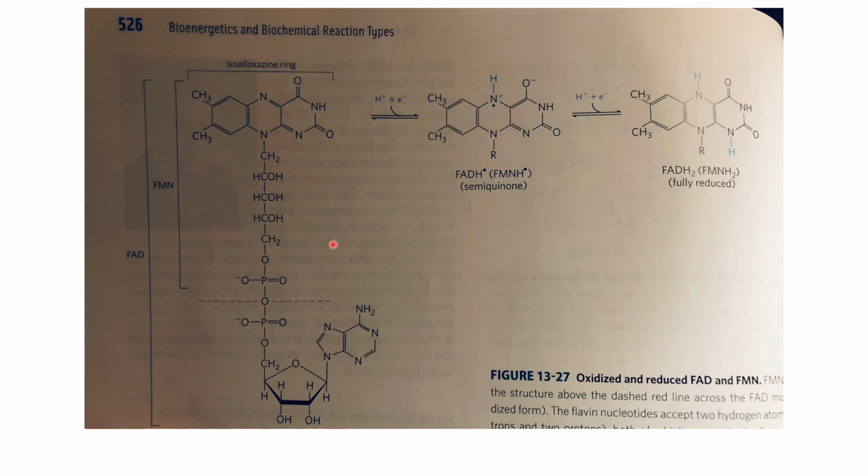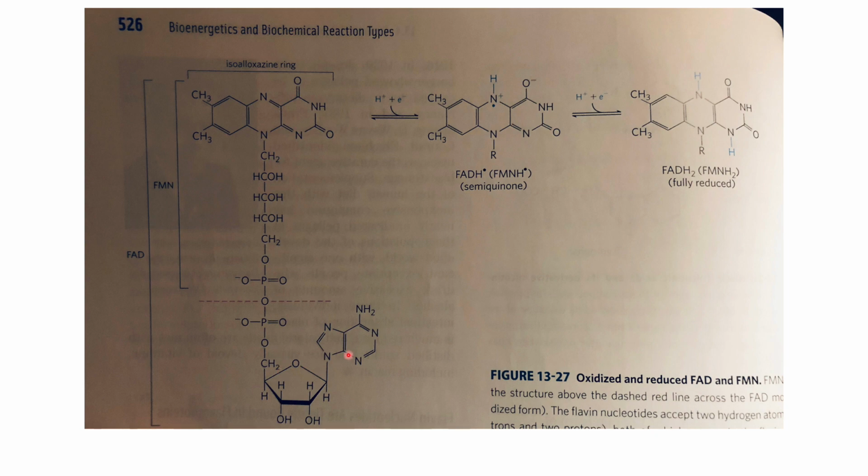FAD is roughly the same thing. You can get reduction. This is FAD, this is FADH, which is a semiquinone where you get partial reduction, one proton attaching to this point. This is positively charged, and you can get a second proton going to the same place, eliminating the positive charge right here. Again, this is the moiety here.